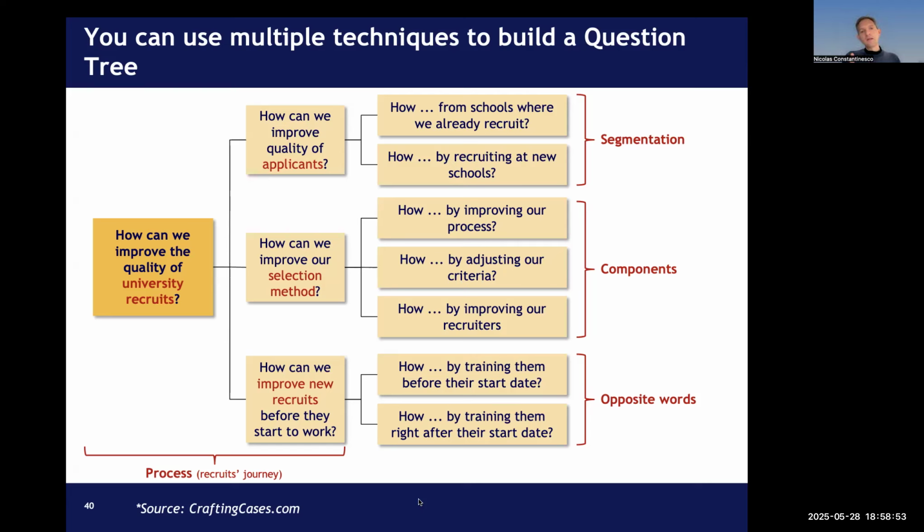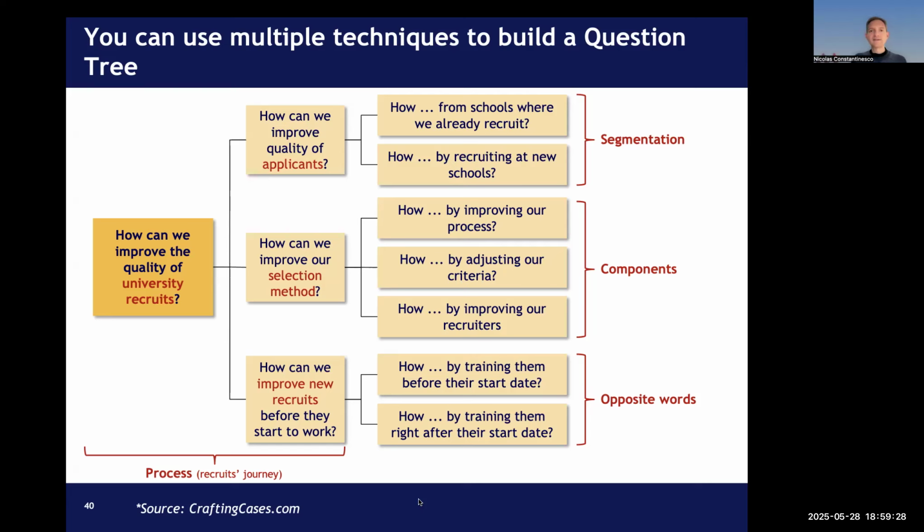What you see in this breakdown is that several techniques were used: process, segmentation, components, opposite words. And that was kind of the point: a full breakdown could include multiple techniques, but there's only one technique per actual question that is broken down. Because here there are 4 questions that are broken down: the one at level 0, and the 3 at level 1.